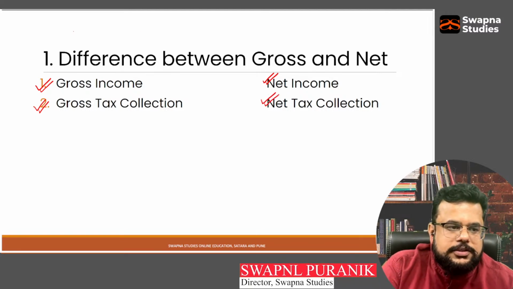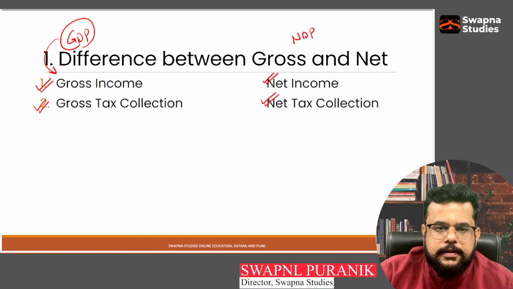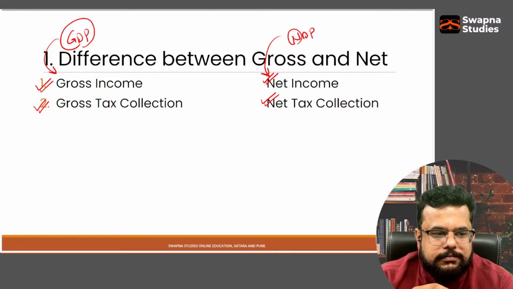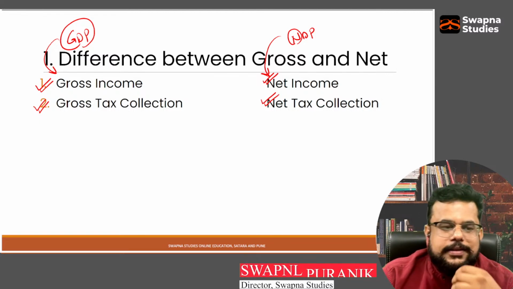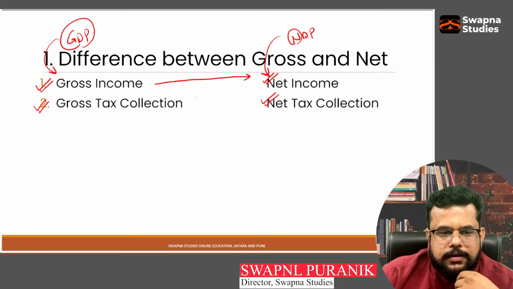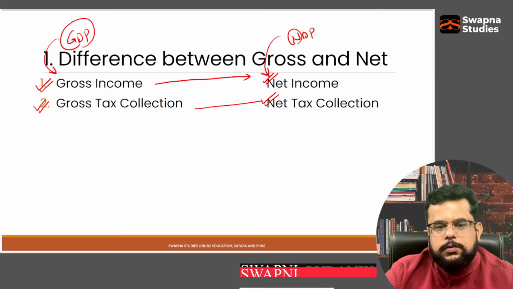In GDP, the G means gross. In NDP, the N means net. In the last lecture, we learned that if you reduce something from the gross, then you get net. This formula you have to keep in mind.